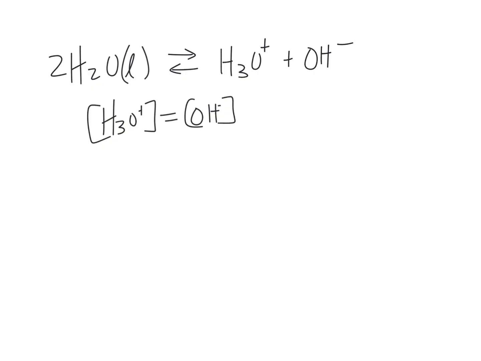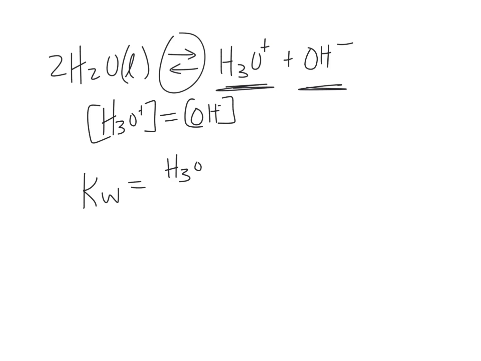Well, if we make an equilibrium constant, because this is a solution in equilibrium, then we would do that the same way that we would make any other Kc or K equilibrium. And for water, we call it Kw. And Kw is going to be the concentrations of the products, so there they are, multiplied together, divided by the concentration of the reactants.